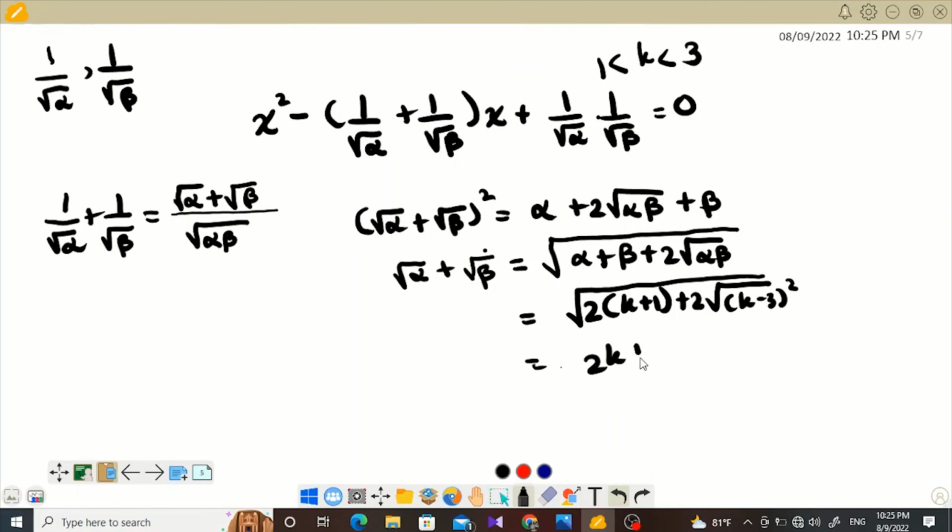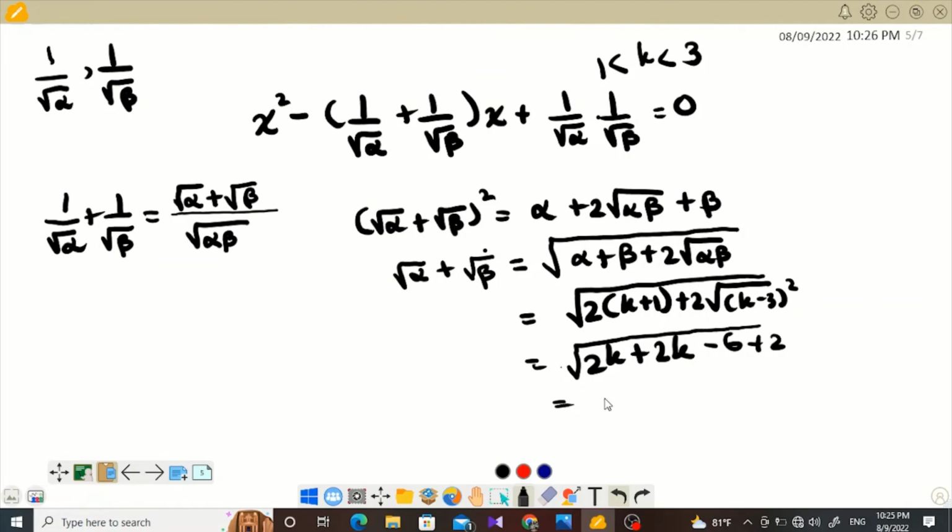If we take the square root of the squared term, the square is cancelled out, so I can write it as 2 into k minus 3, and I multiply 2k minus 6. Sorry, I missed some terms. 2 into 1 plus 2, under the square root.